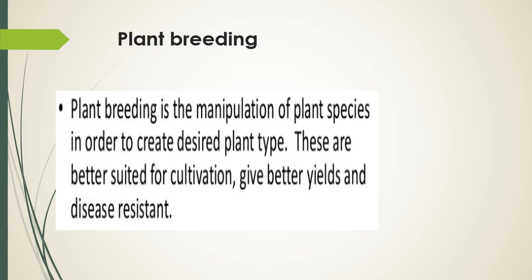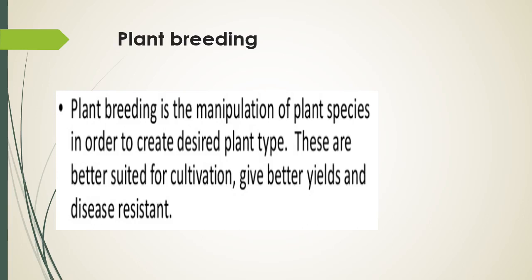Can anyone tell me what is the main issue that we face while dealing with plants? If you have a garden in your home, you can see that after some days some diseases affect the plants and we are not able to cope with them. So what do we do? We apply insecticide and pesticide to kill these insects. So the first thing that has to be done in plant breeding is that the plant should be disease resistant.